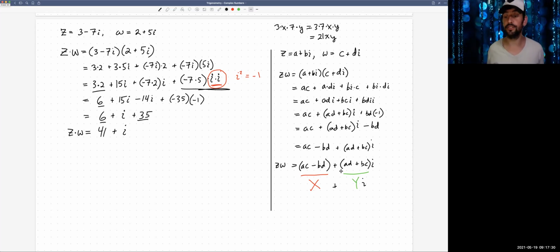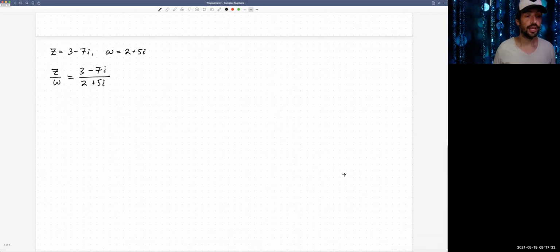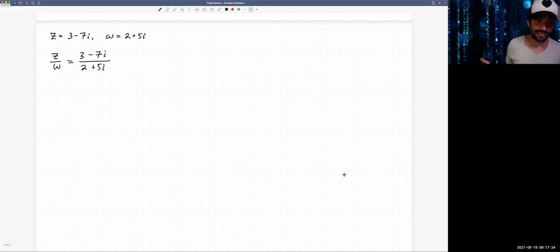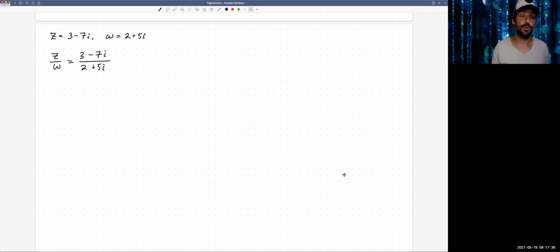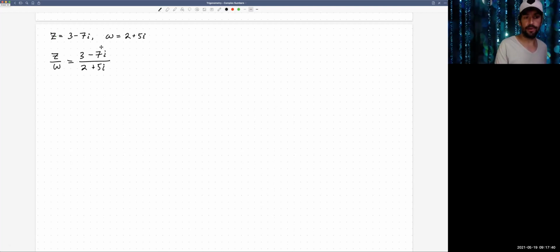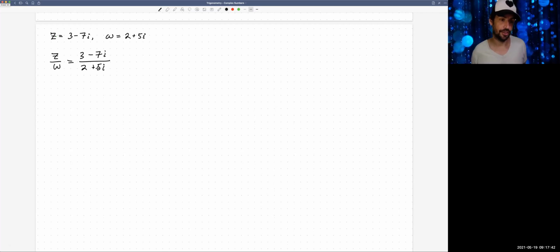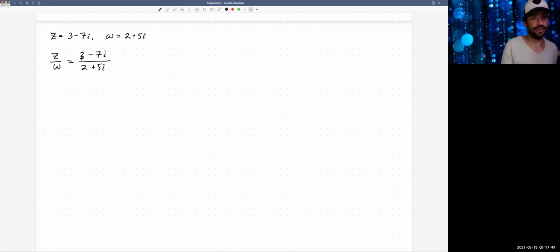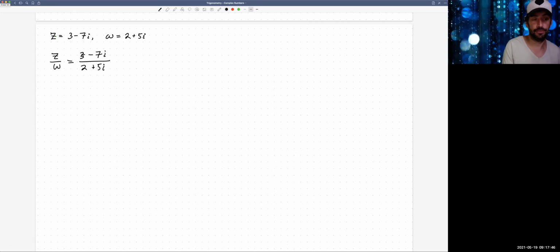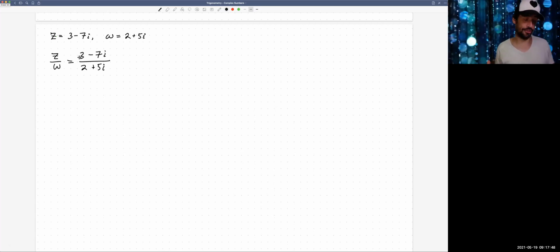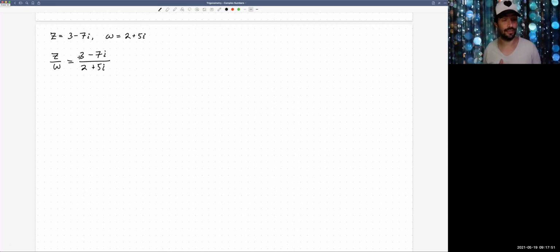We know what the real part is. We know what the imaginary part is. But looking at this, I don't know what the real part is. I don't know what the imaginary part is. We can't say 3/2 is the real part, and -7/5 is the imaginary part, because this isn't the number 3/2. There's a 3 in the numerator and 2 in the denominator, but there's other stuff going on that makes it not quite that simple.